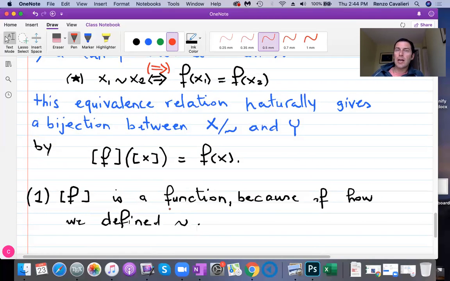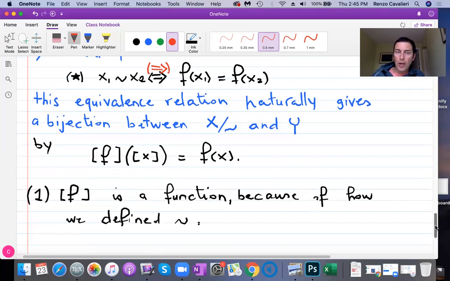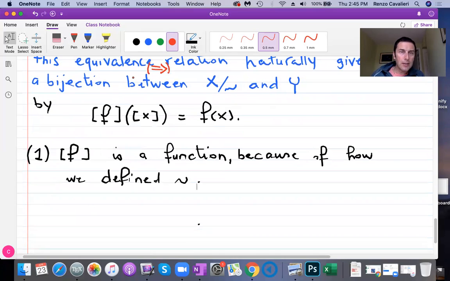In other words, if the equivalence class of an element x1 is equal to the equivalence class of an element x2, which means it's the same element in the quotient set, there's only one output for this thing. Great. Then we have to check that square bracket f is surjective.